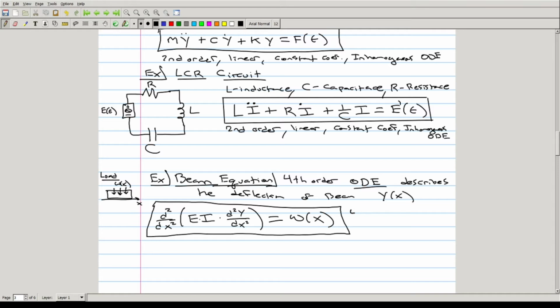This is a fourth order linear inhomogeneous ODE.